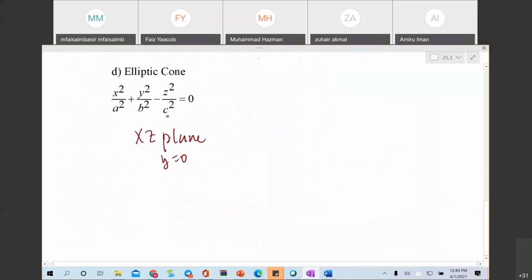So it is, let's say A, B, C equals 1. For the cone, the right hand side is 0. Okay, check.